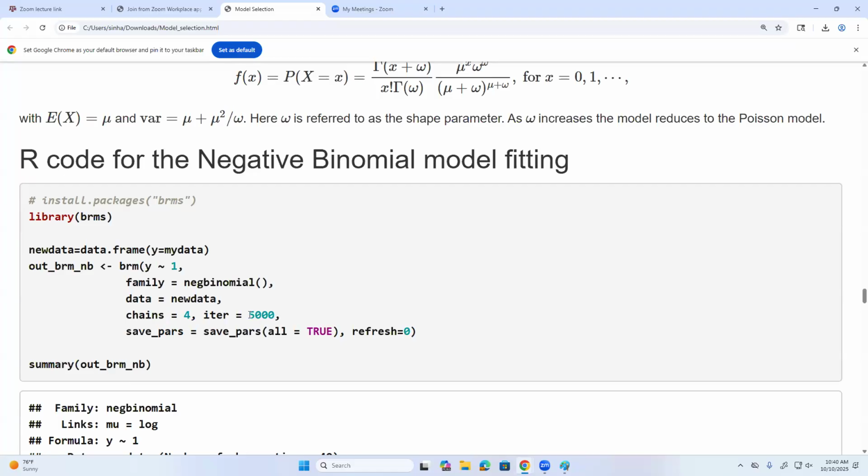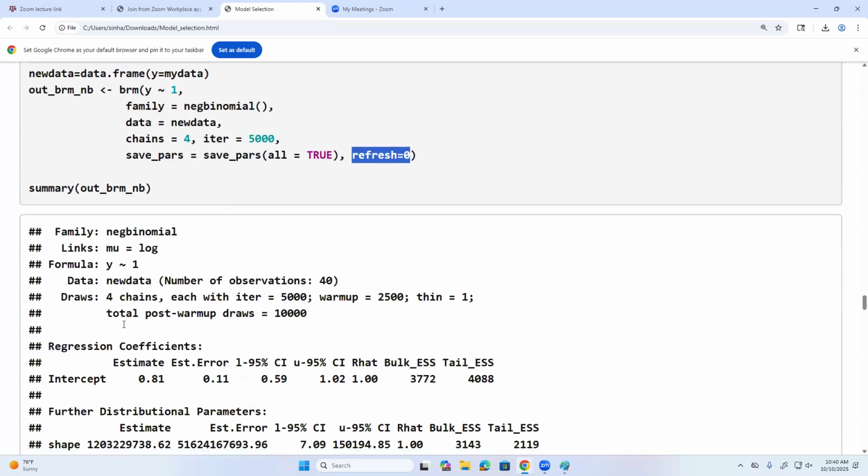For every chain, the number of iterations I set equal to 5,000, but you can set it to a larger number, generally 10,000 or 20,000. I set it to that small number so that it finishes quickly. It is a time-consuming thing. And these save all the parameter values and other things. And you get the summary.